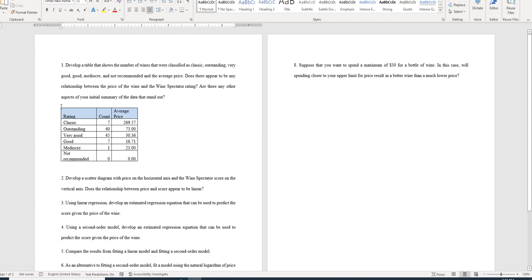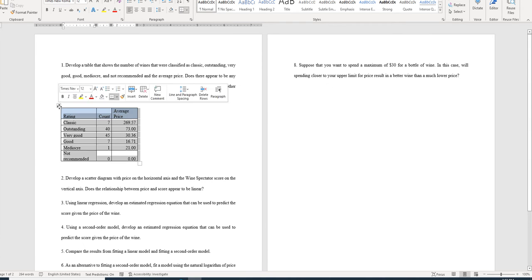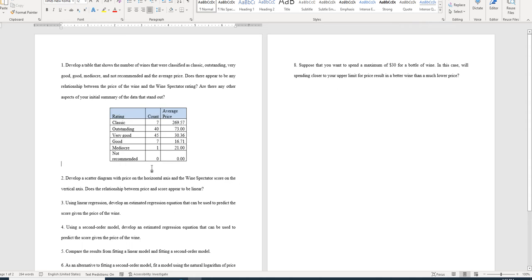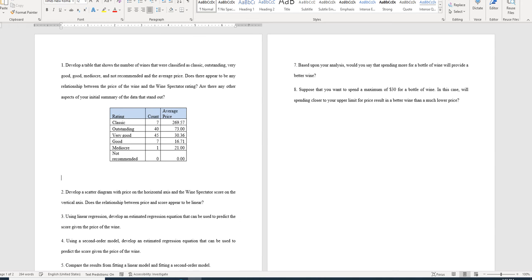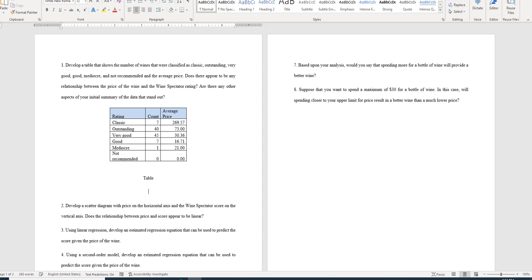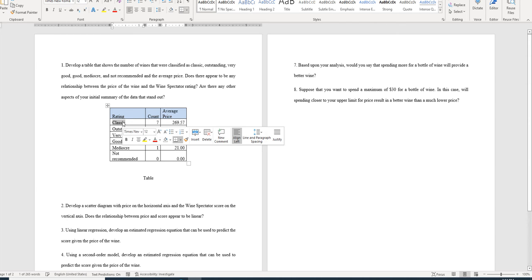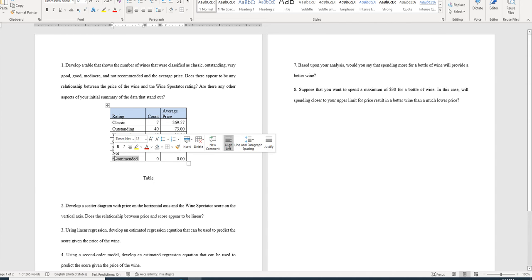Alright, so this is the table that I have created, which was asked. Now, what is the interpretation that we can make? The question is, does there appear to be any relationship between the price of wine and the Wine Spectator rating? You can see this is a bottom up approach. Classic is the best one and not recommended is the least one.